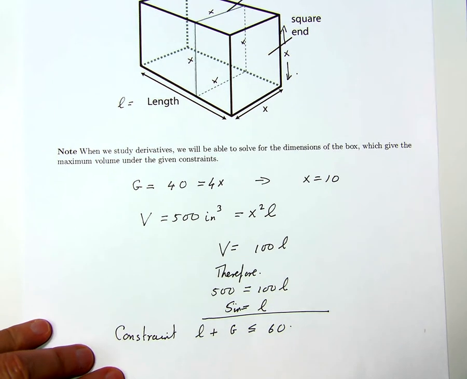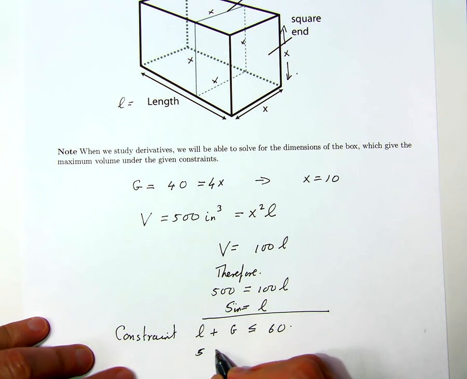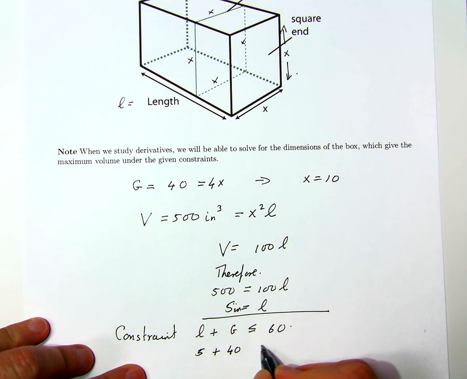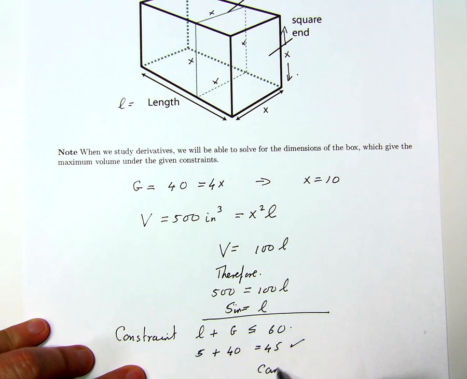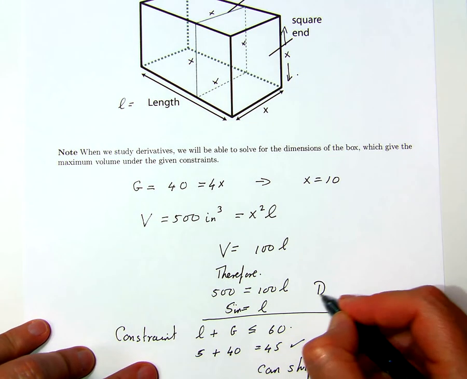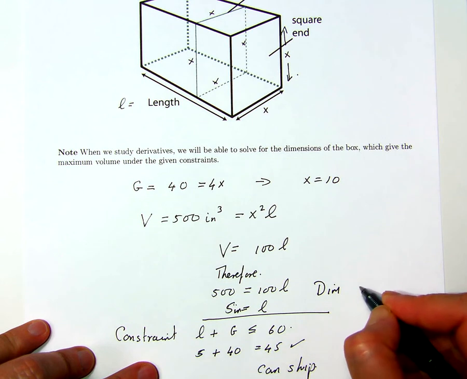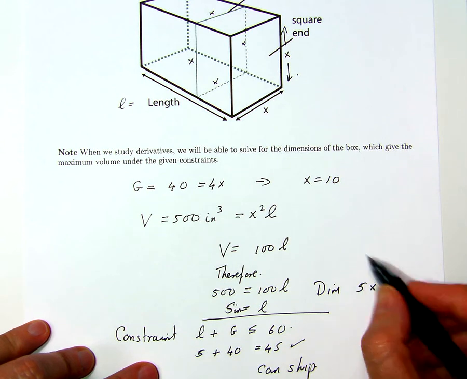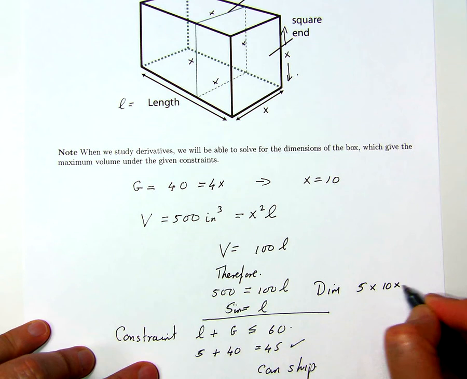And for this box, we have 5 plus the girth is 40 is equal to 45, so that's okay. We can ship. And the dimensions of the box, of course, are the length 5 by x by x.